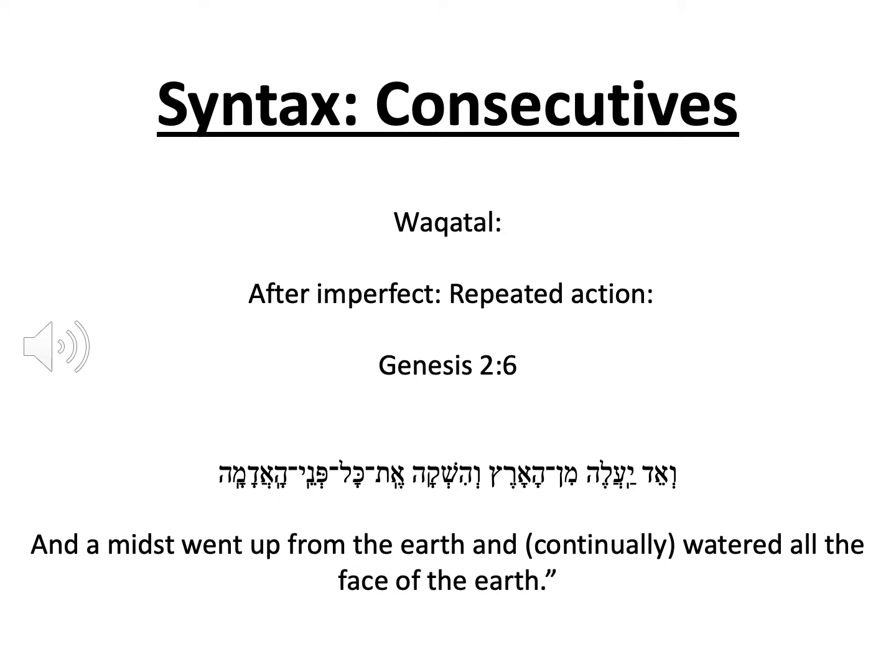It continually watered, vehishka, continually watered all the face of the earth, rather than a consecutive action or even that exegetical or supplemental action as part of the same process that we saw with the vayiktol. This is telling us that it continually happened again and again and again, going up from the earth and watering all the face of the earth.